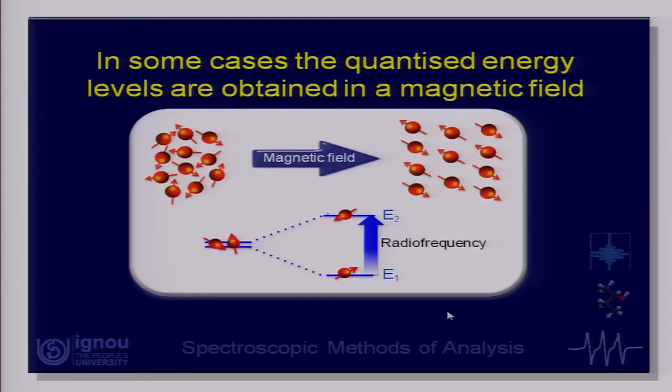There can be a possibility of giving a suitable radiation, and there is a transition from level E1 to E2. This forms a very important domain of NMR and ESR spectroscopies. But mind you, the requirement here is that we must have an external field. In the absence of a field, this phenomenon does not come into play. We will talk in detail at a later stage.